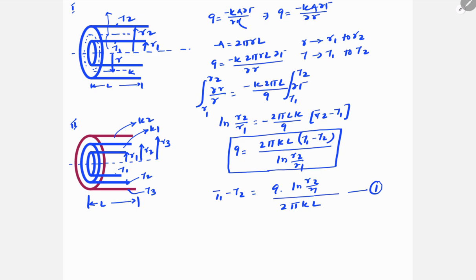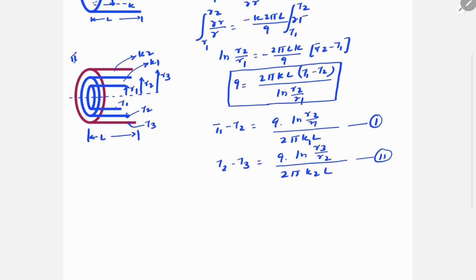Similarly, we can write the equation for the material having thermal conductivity K2: T2 minus T3 is equal to Q dot ln R3 by R2 by 2 pi K2 L. This is equation number 2.